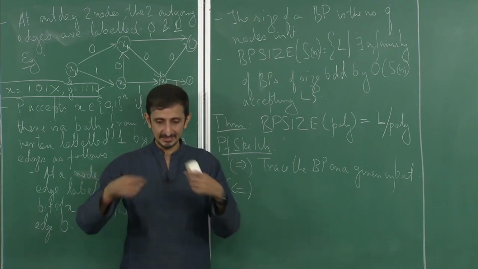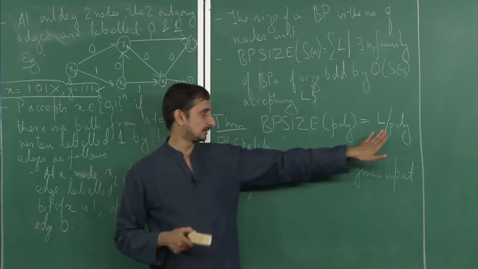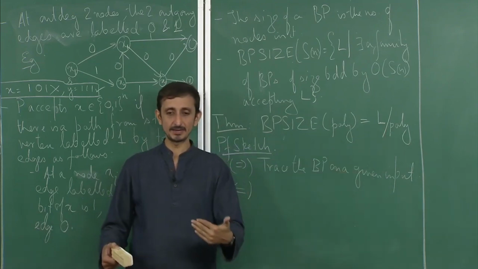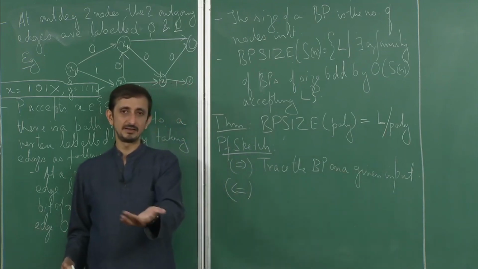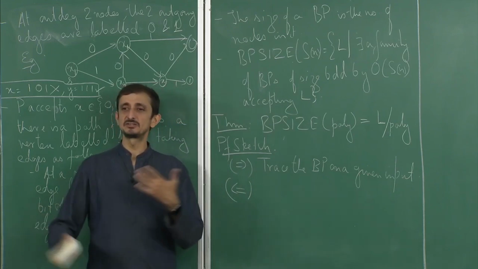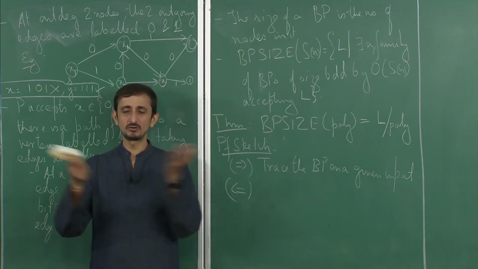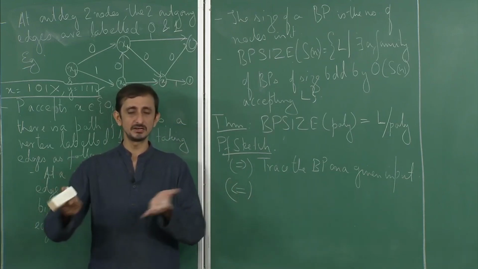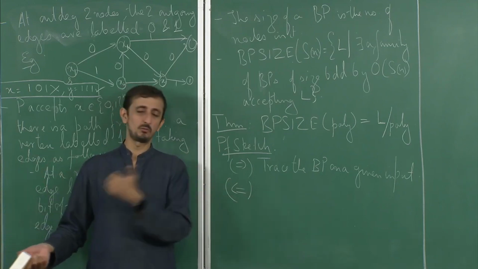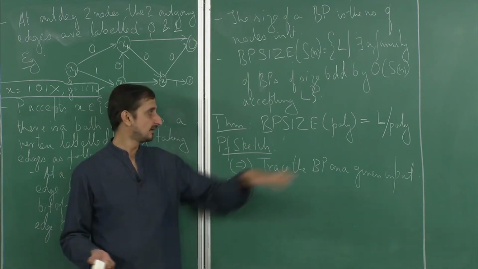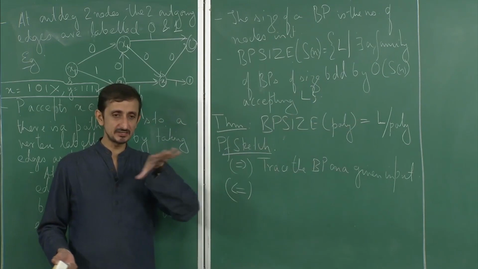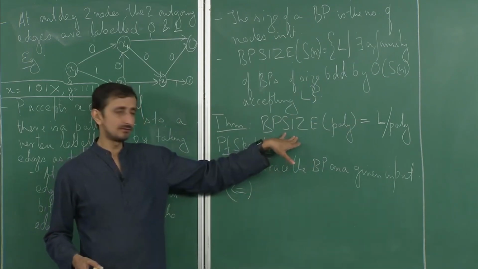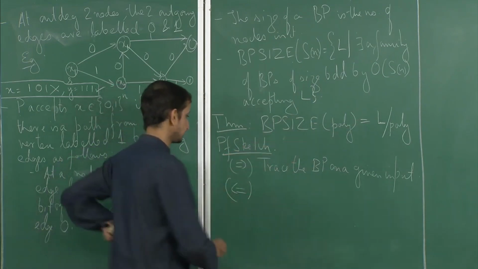Now, at each step, how does that machine work? At each step it looks at an input bit, it looks at maybe a bit in the workspace, it looks at the transition function and makes a decision which state to go to and which way to move the head. Okay. So this thing can actually be represented using a branching program. For each configuration you will have a node of the branching program.